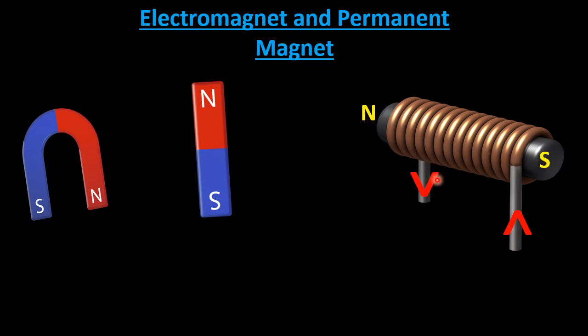So if the direction of the current changes, then the polarity of the solenoid also changes. This is the difference between these two types of magnet. This magnet we call a permanent magnet, but this solenoid we call an electromagnet because it acts as a magnet only when the current flows through it.